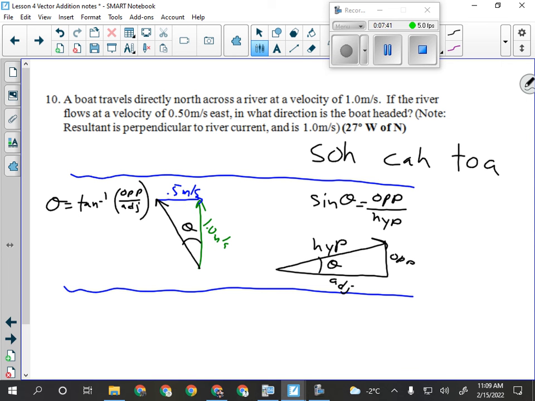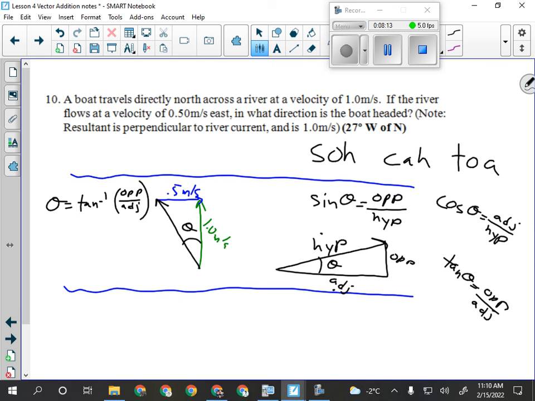So if I want to find theta using sine, I would need the opposite side and the hypotenuse. If I'm using cos, the cos of theta is the adjacent side divided by the hypotenuse, so I need to know this side and that side. And if I'm using tan, I would need the opposite side and the adjacent side, which is what I'm doing on this one. Here's theta, it's what I'm looking for.